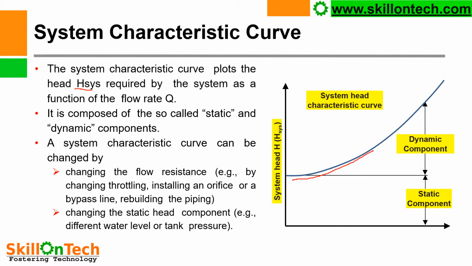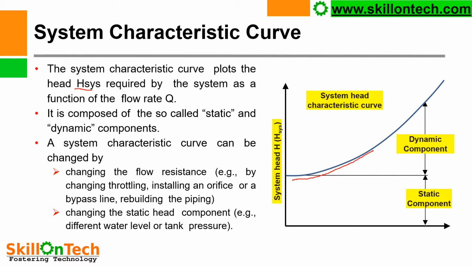So the basic requirement is that we have to lift the water up to a certain height or elevation where the tank is situated. That height, that head, is called the static component. And the flow going through the discharge pipeline faces the surface roughness of the pipeline or throttling through a discharge valve in the pump.